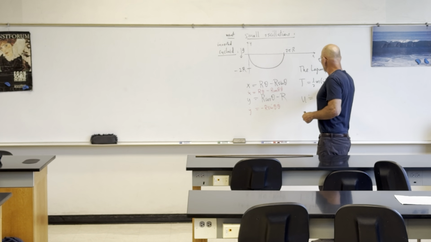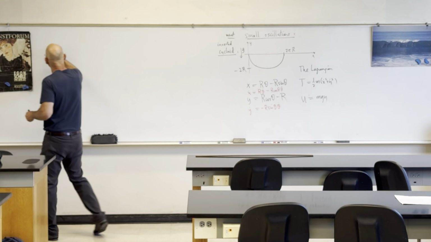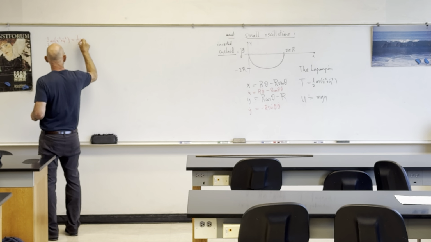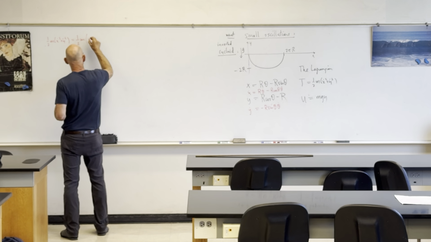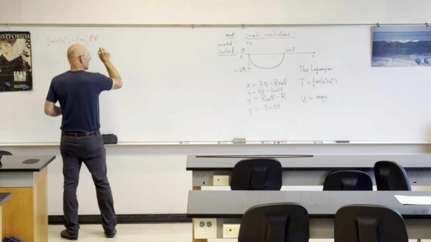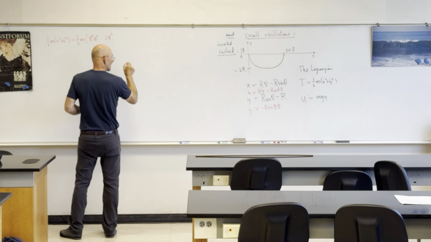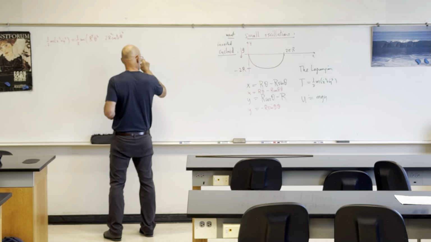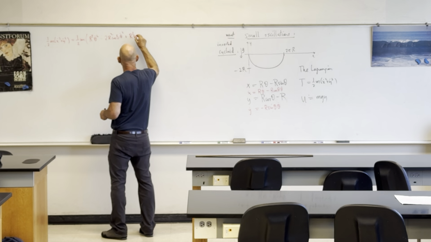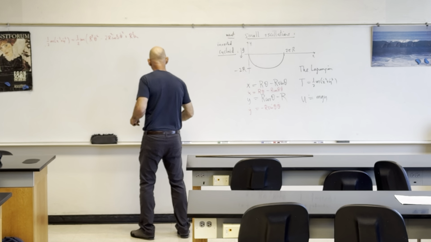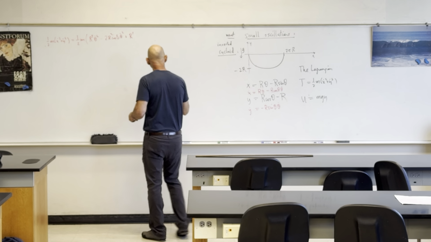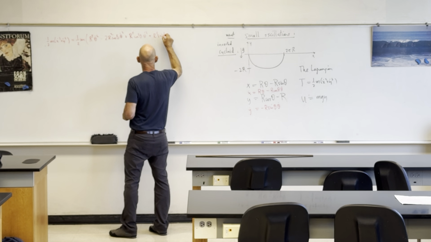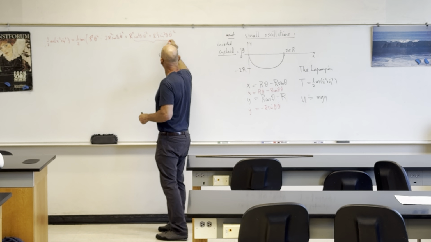Okay, so we have to get this thing here: 1/2 m times x dot squared plus y dot squared, 1/2 m, and then we have r squared theta dot squared minus 2 r squared cos theta theta dot squared plus r squared cosine squared theta theta dot squared plus r squared sine squared theta theta dot squared. So these two are going to simplify.